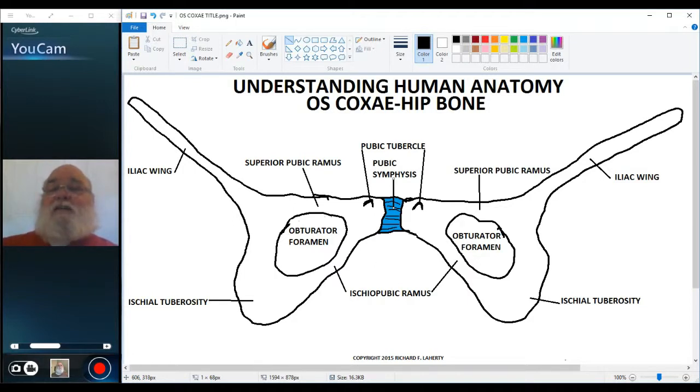But even that slight distance opens up the pelvic cavity that allows the baby to transit the pelvic canal, facilitating childbirth.